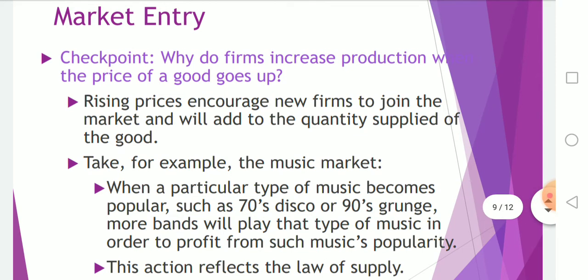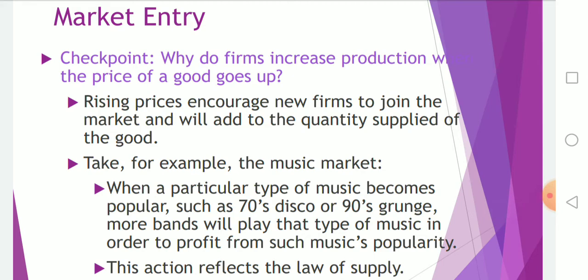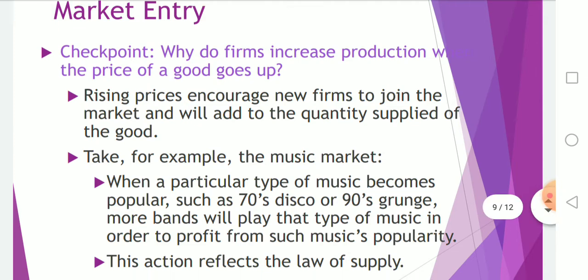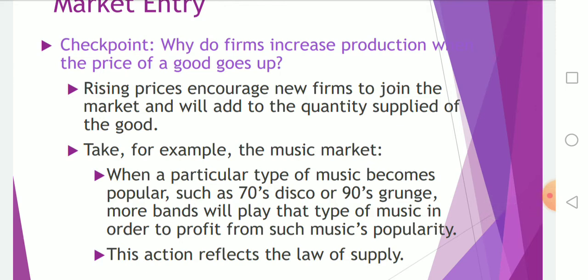Market entry checkpoint: why do firms increase production? Why does the price of a good go up? Rising prices encourage the producer or new firms to join the market, of course, and will add to the quantity supplied of the good. For example, in the music market: when a particular type of music becomes popular, such as 70s disco or 90s grunge, more bands will play that type of music in order to profit from its popularity.